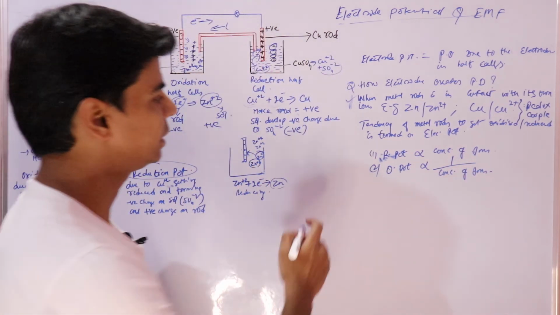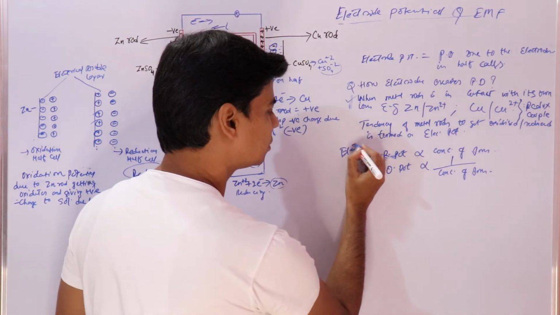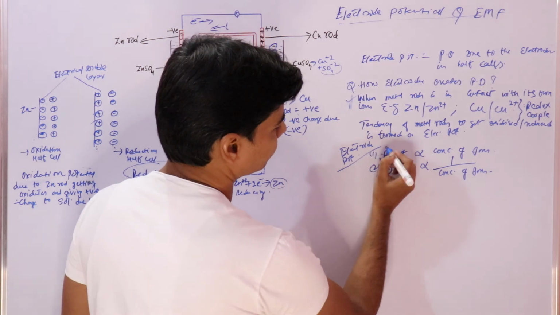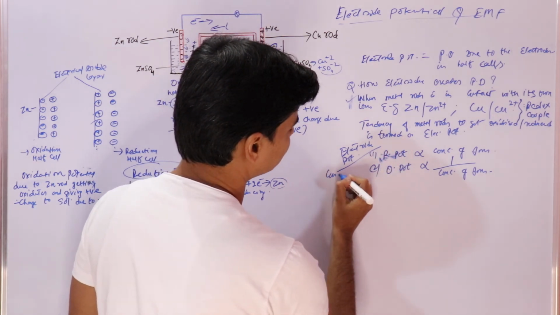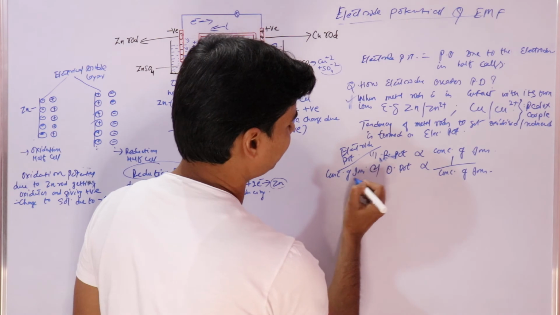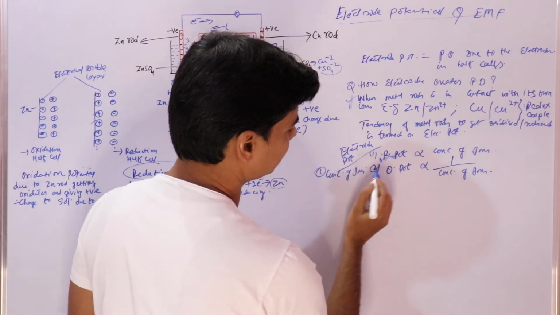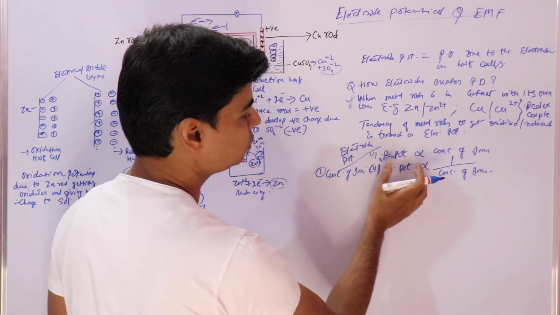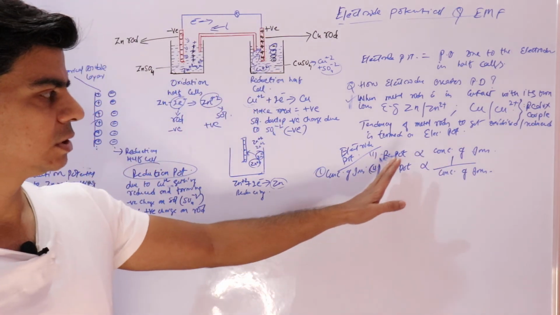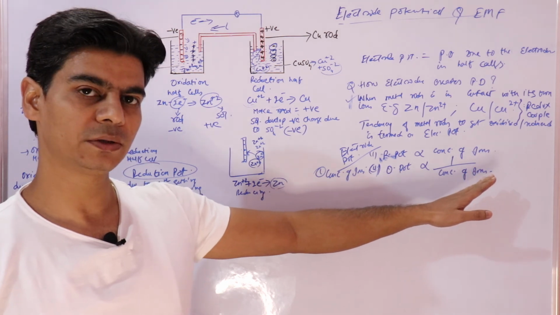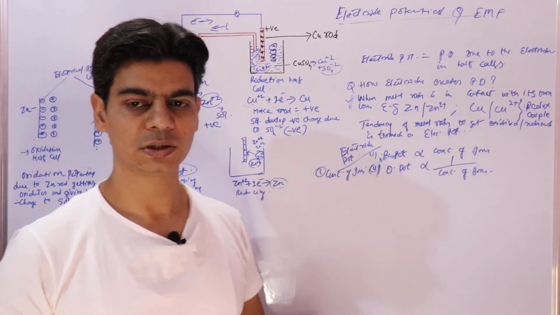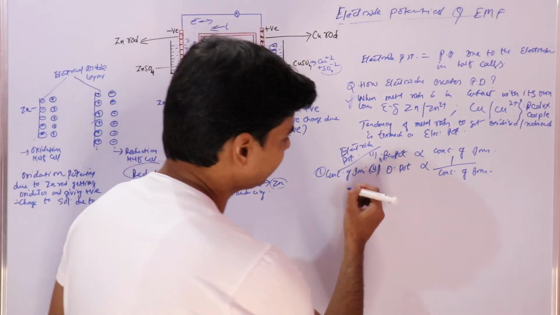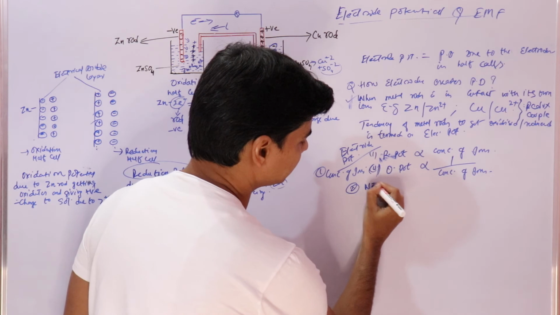So electrode potential depends, first, on the concentration of ions, and these two are the factors. Reduction potential is directly proportional to the concentration of ions, and oxidation potential is inversely proportional to the concentration of ions, right? And the second factor is the nature of electrodes.